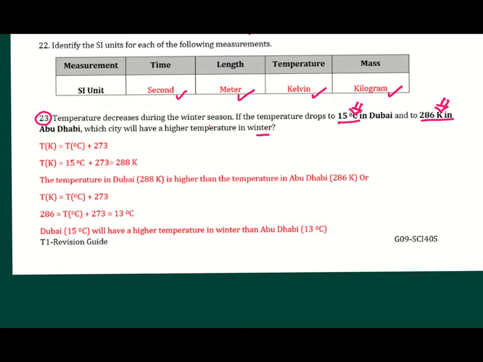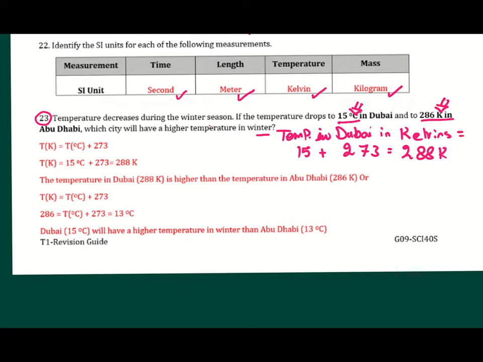So I am going to convert the temperature in Dubai in Kelvin: 15 plus 273 equals 288 Kelvin.